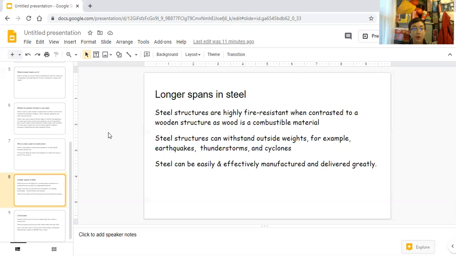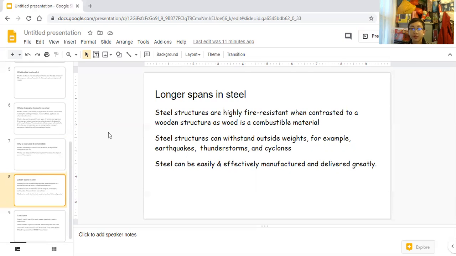So one reason why steel structures last longer is that they are more fire resistant. Unlike wooden structures, steel does not catch on fire that easily, which is why steel structures will last longer than wooden structures.